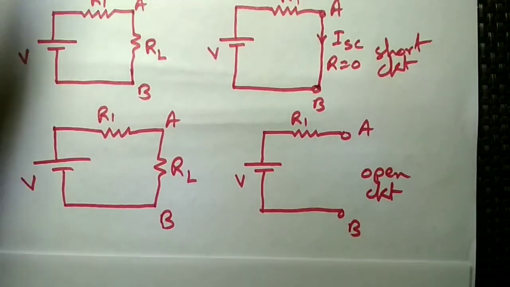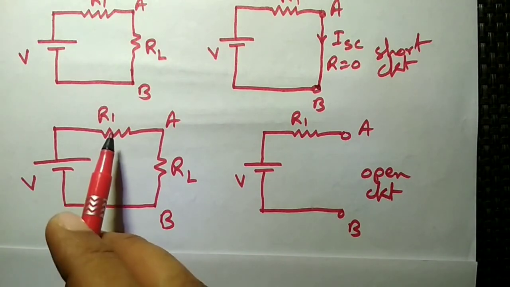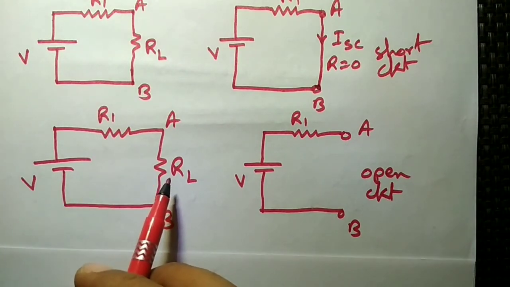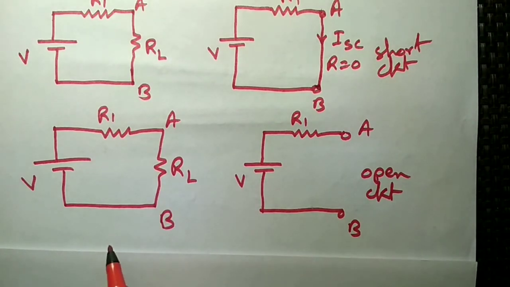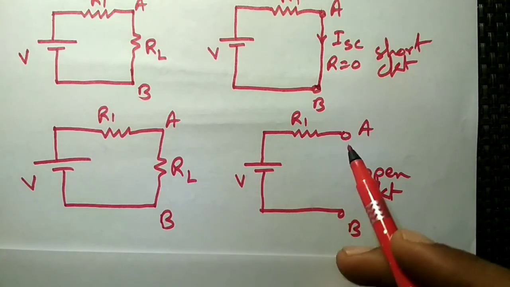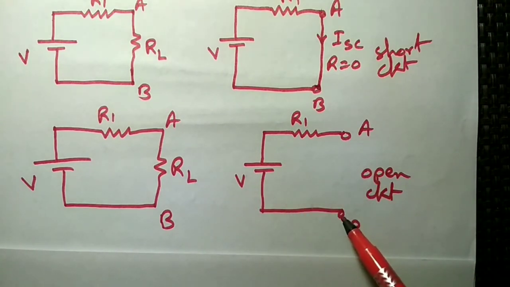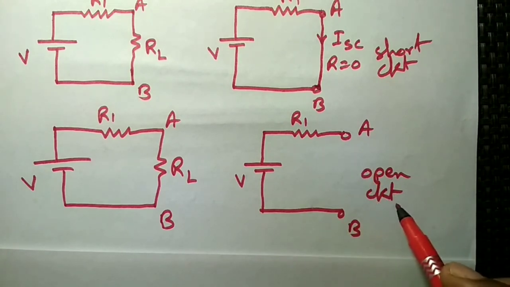Now for the example of the open circuit, we have another circuit: voltage source, R1 is the resistance, RL is the load resistance, and we have to make the load terminals open. So we will simply remove the load resistance from between terminals A and B. If we open this terminal, it becomes an open circuit condition.